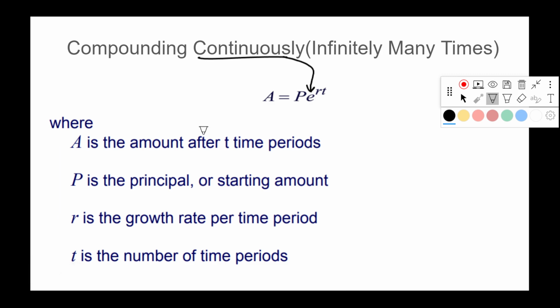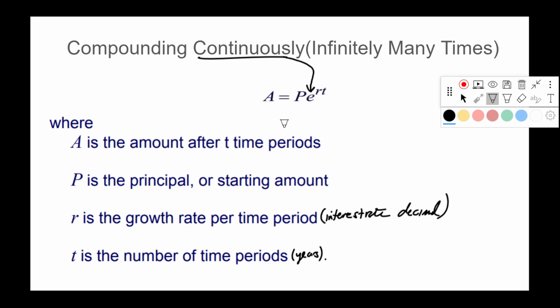A is the amount you have after. Again, P is the principal. R is the growth rate. Again, that would be your interest rate, again as a decimal. And T is the number of time periods. Again, in this case, it has to be in years for now.